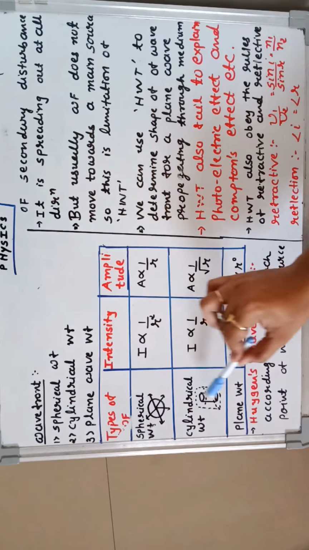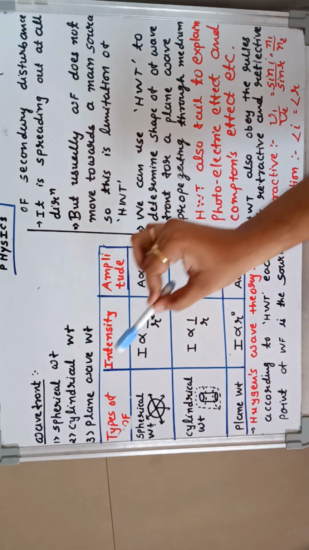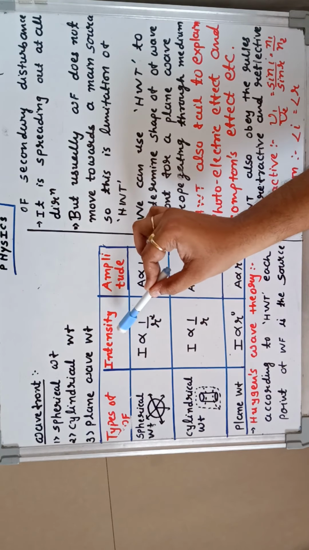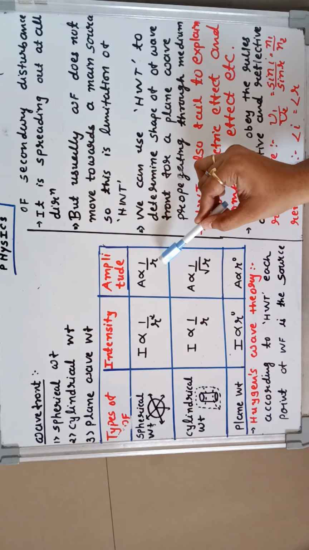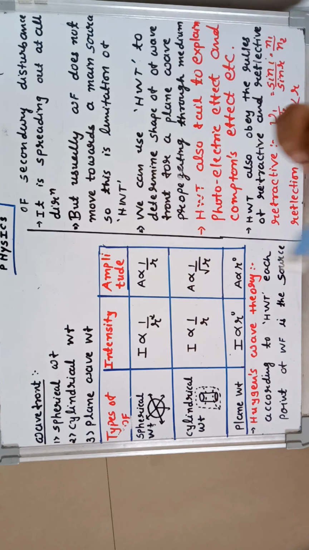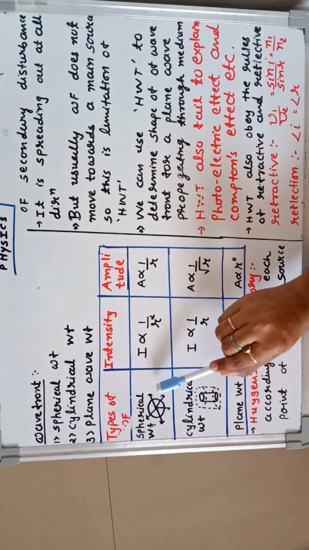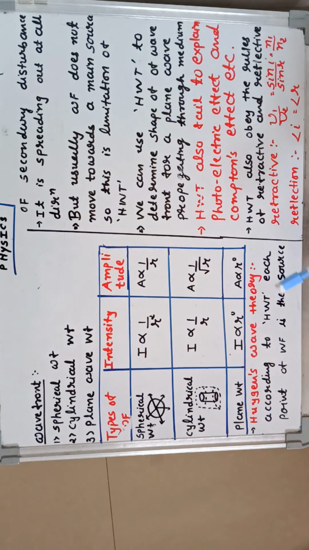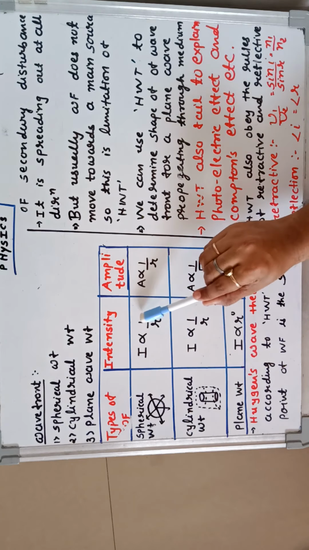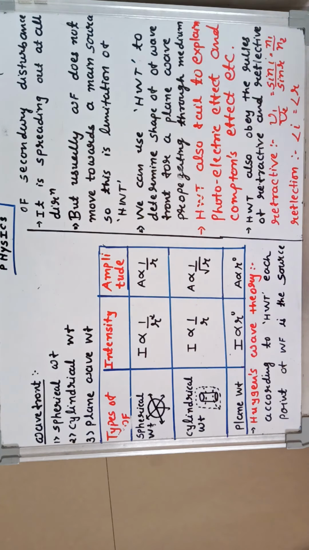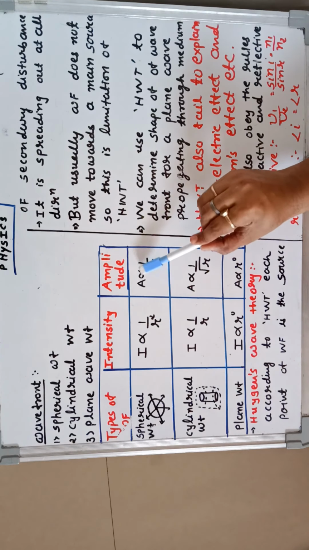These are the types of wavefront, and each has a relation of intensity with distance, and of amplitude with distance. First of all, spherical wavefront. For the spherical wavefront, intensity I is proportional to 1 upon r square, and amplitude A is proportional to 1 upon r.